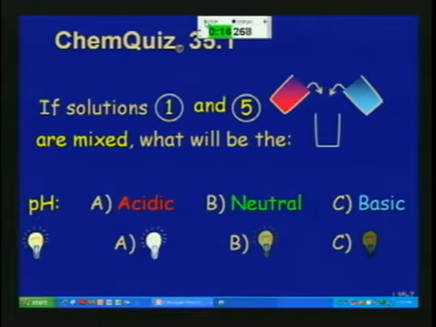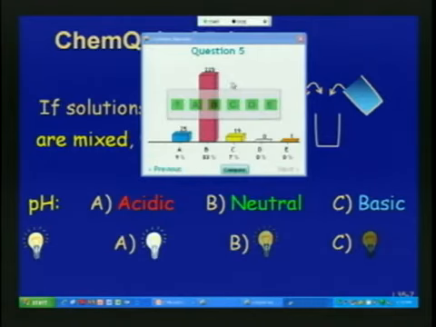Just look at the pH at the first row. The second row is the next question. So will it be acidic, neutral, or basic? See, you got this. Of course, it will be neutral.